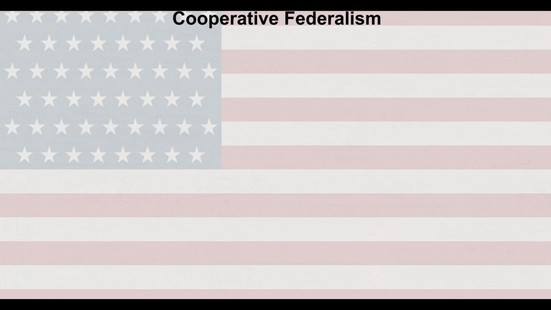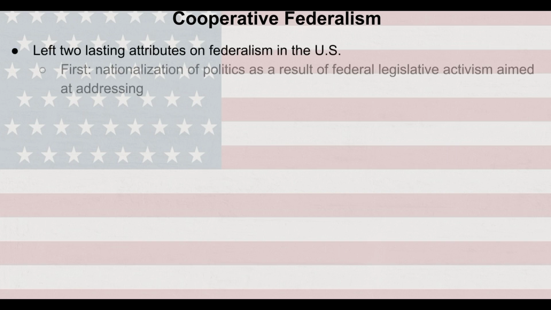And it's going to leave two lasting attributes on federalism in the United States. The first is that it is going to create a nationalization of politics, and this is the result of the federal legislative activism aimed at addressing certain issues within society. And so politics is going to become very nationalized, and federal legislation is going to become very active.